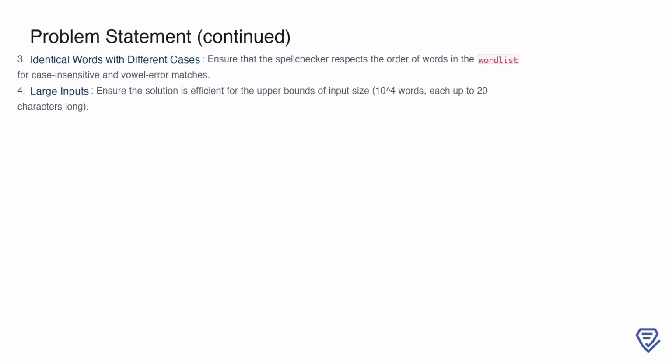Additionally, if none of the words in the queries list match any word in the word list, even after applying the vowel error rule, the output should consist of empty strings for all such queries. Another important case is when identical words with different cases are present in the word list. The spellchecker must adhere to the order of words in the word list when resolving case-insensitive and vowel error matches. Finally, for large inputs, it is crucial that our approach is optimized to handle the maximum input size efficiently.